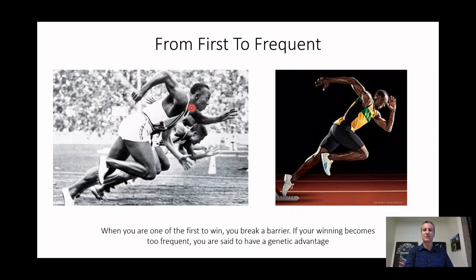Because now, when it goes from being the first to achieve something to being the next to achieve something, if it's always a single group that wins, a question arises: it's not that that individual was working so hard and doing all of this training, it's that they have a genetic advantage. And now it turns the corner to say, no, you didn't work that hard, you're just a genetically gifted athlete.